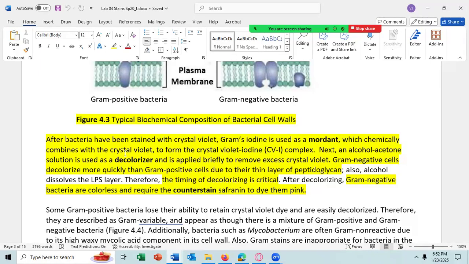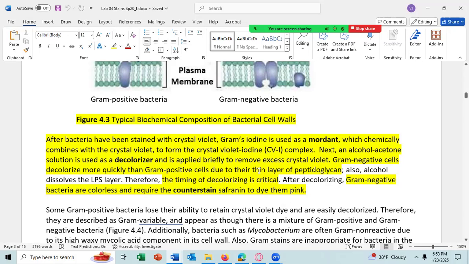It must be done correctly, and it takes a little bit of practice. The gram-negative cells decolorize, the gram-positive cells do not, and it's just because of the layer of peptidoglycan. The timing of the decolorization is critical.